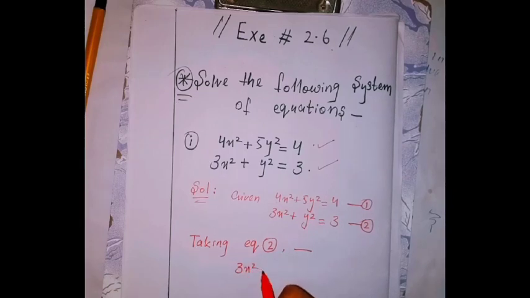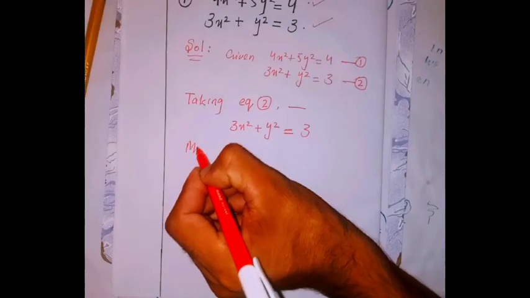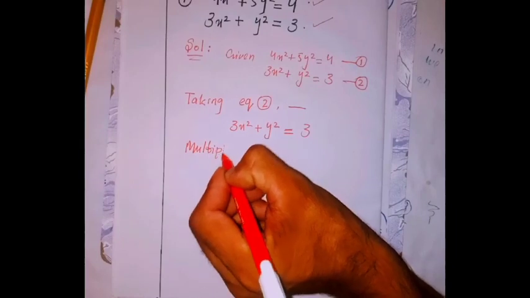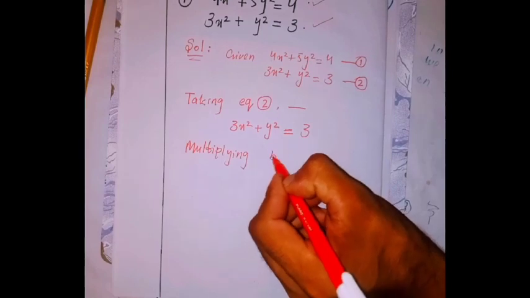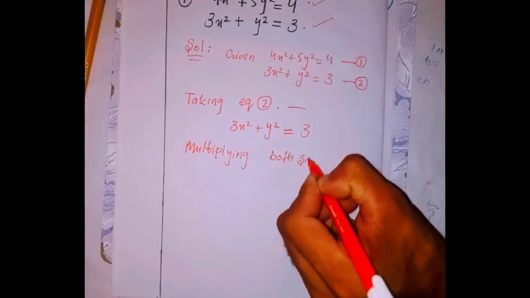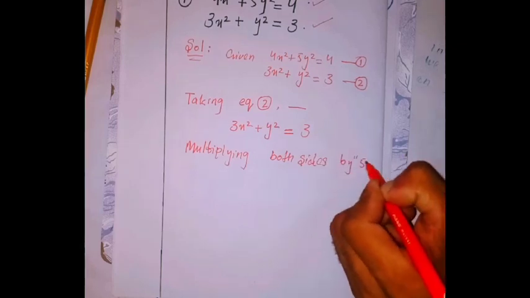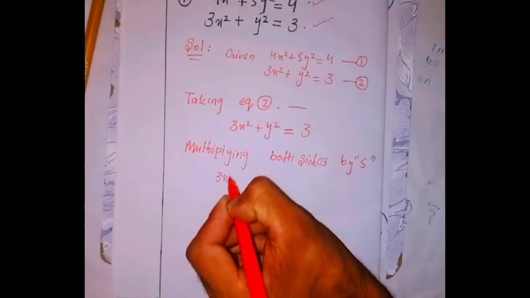Here we have 3x square plus y square is equal to 3. Now to solve the given system of equations, we take the second equation and multiply both sides by 5.